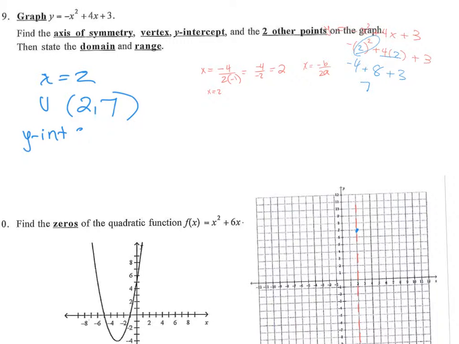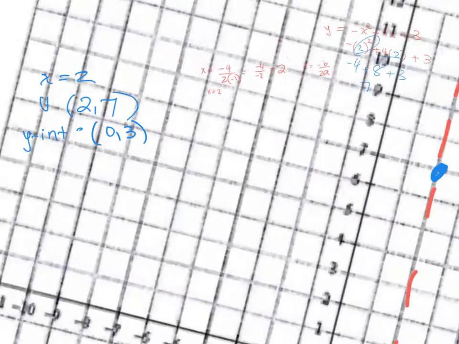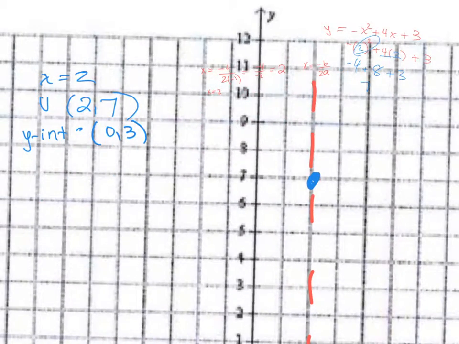So if my y-intercept is 3, that means that my point location is (0, 3), because I went over 0, up 3. And if I plot that on my graph, that means that I cross the y-axis right here. So now I have my y-intercept.